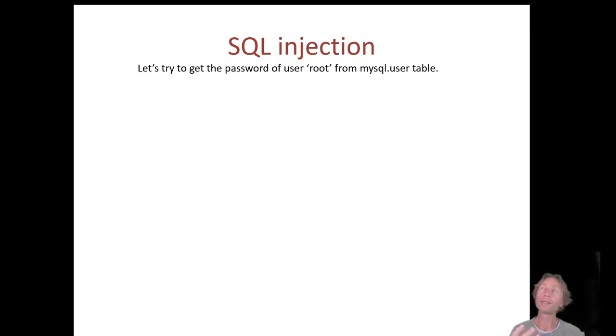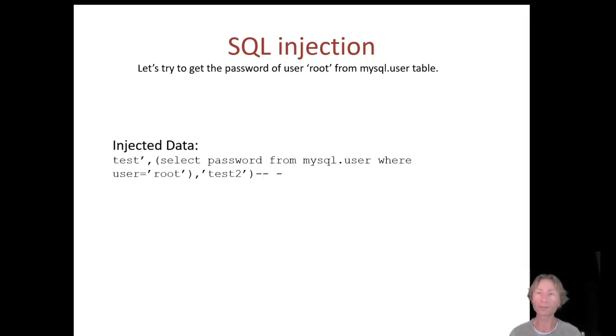Now, getting the version number of the database out of your database is fascinating, I'm sure, for some, but what we really want is to maybe elevate our privileges, for instance, by obtaining the password of the user root, okay, from this table MySQL user. And to do that, we can use the same procedure, use a subquery in this second field.